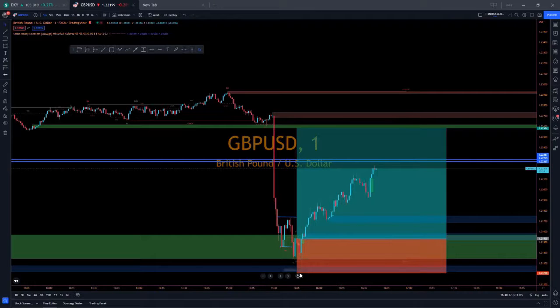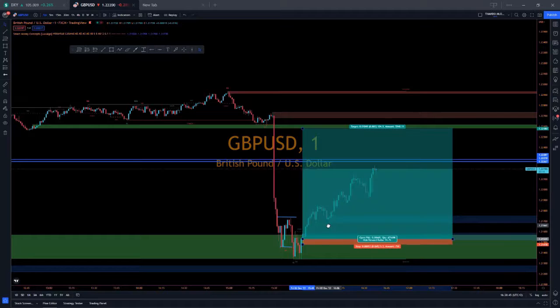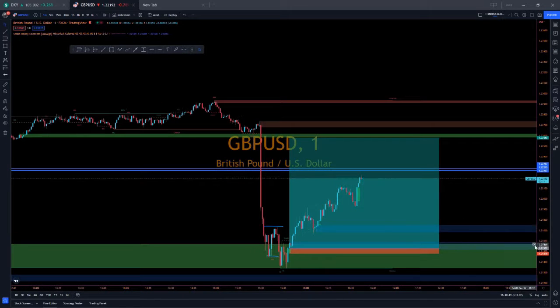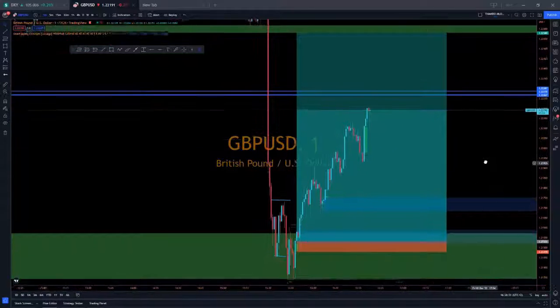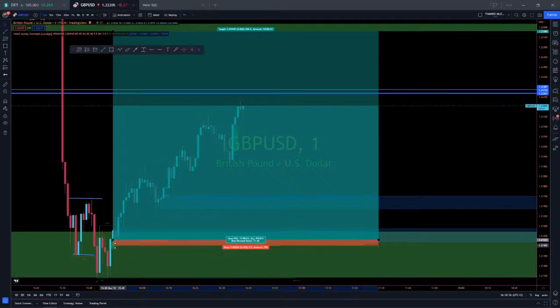Because right now it's a risk-free trade, let's just put it on that candle there. I would say it's a risk-free trade.